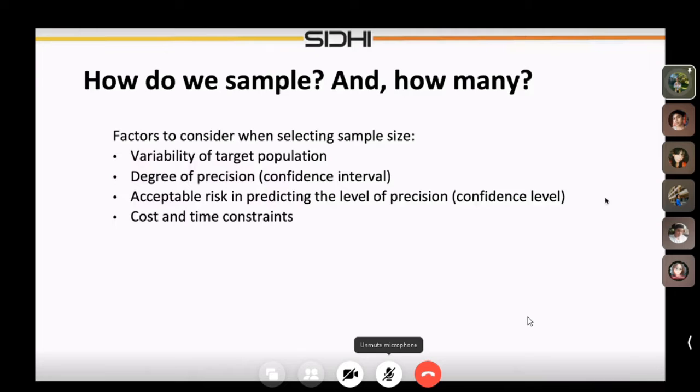Next is the degree of precision, or the confidence interval. What we mean by that is, let's say we found a treatment A for this disease. The degree of precision that we compute out of that is, let's say, between 90 to 99%.